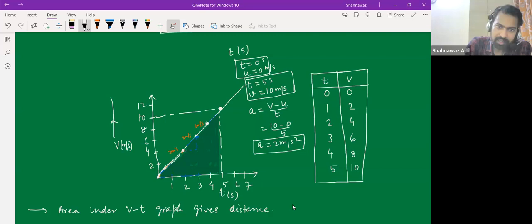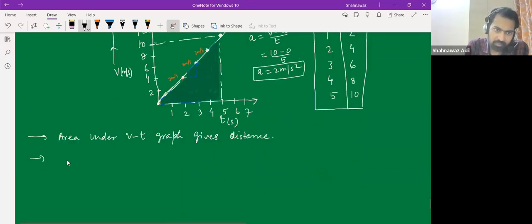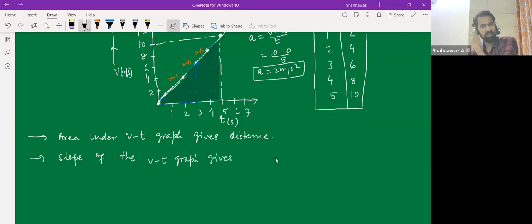And the slope of the velocity time graph gives what? Slope of the velocity time graph gives what? Yes, guys. So we did this part just a moment ago.